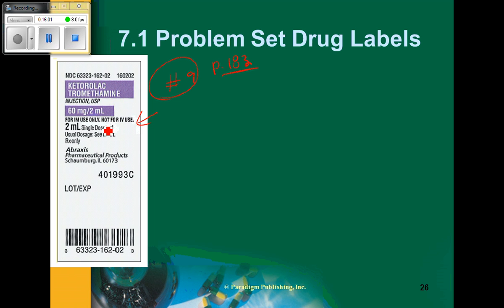So we know we have our 60 milligrams per 2 milliliters. We're trying to find X grams because we're calculating the percentage, and the percentage is 100 milliliters. Our units on the bottom are milliliters, units on the top are weights, but they're not the same. Convert 60 milligrams over to grams, and it will be 0.06 grams.